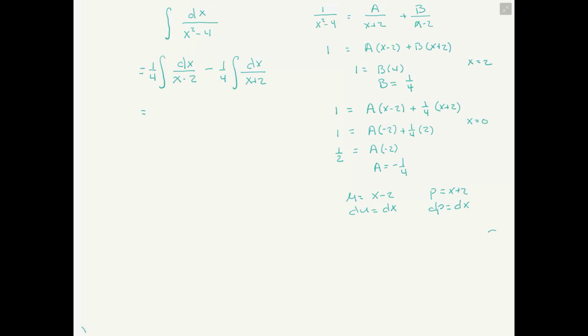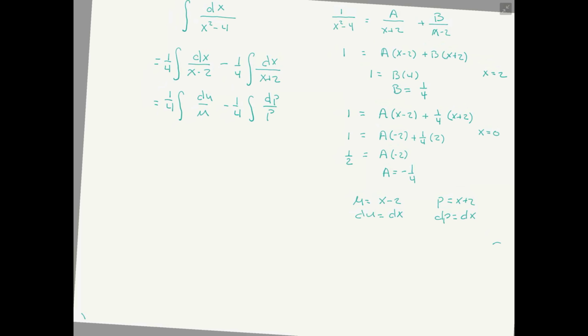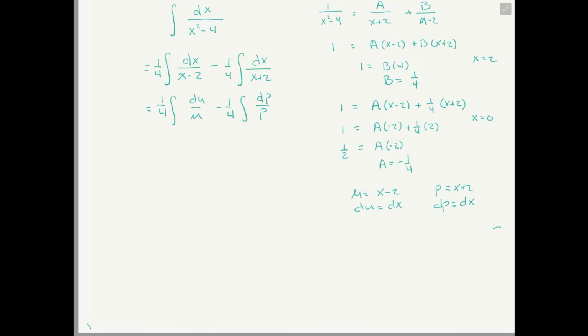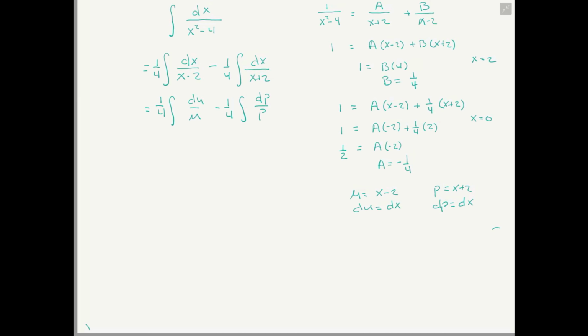And now we do a simple u substitution where we say u equals x minus 2, du equals dx, p equals x plus 2, dp equals dx. So we put these in, and we've got our usual form.